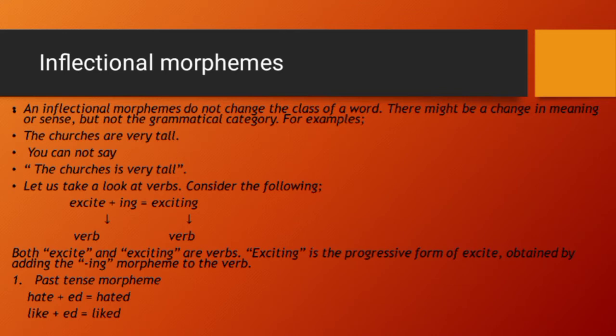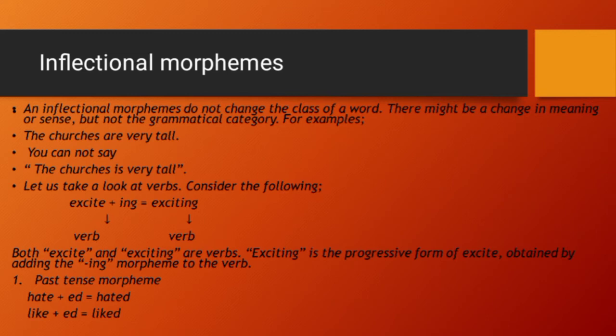Let us take a look at verbs. Consider the following: excite plus ing, which is exciting. Excite is a verb. Exciting is also a verb. Both excite and exciting are verbs.